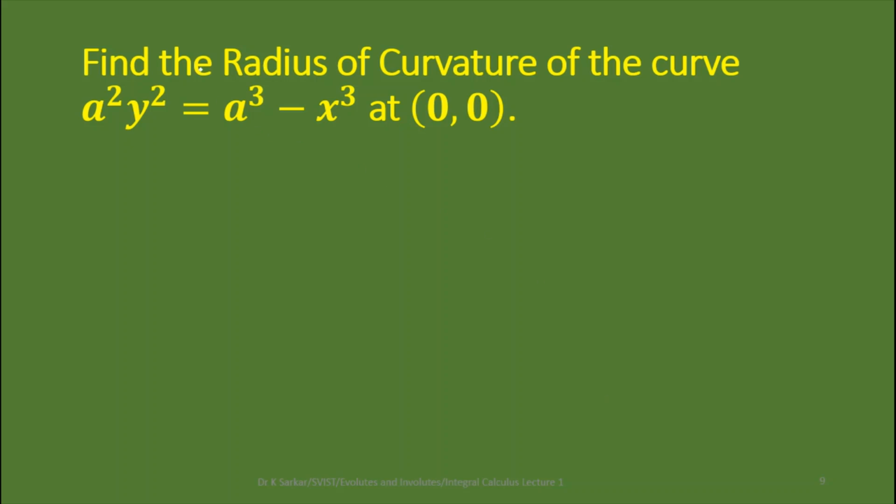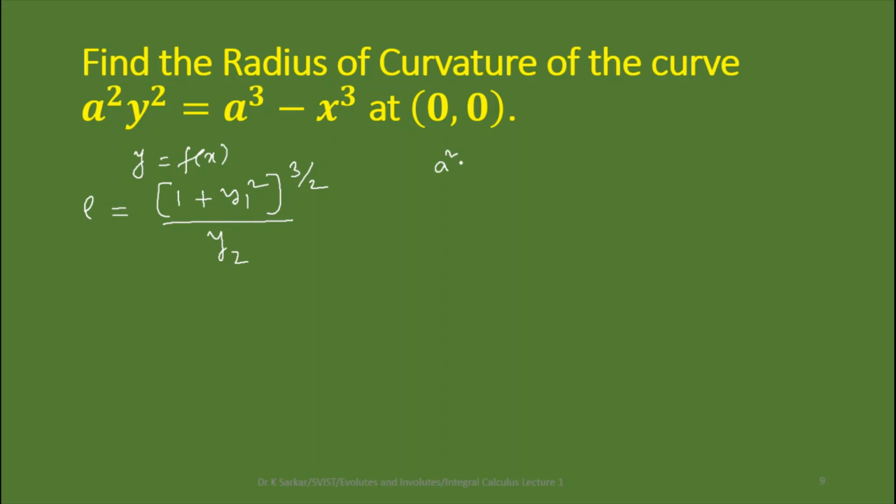Here is a question. Find the radius of curvature of the curve a square y square equals a cube minus x cube at (0, 0). If we take this form as y equals f(x), then rho is (1 plus y1 square) power 3 by 2 divided by y2. So we have to find y1 and y2. Now let us differentiate this equation with respect to x.